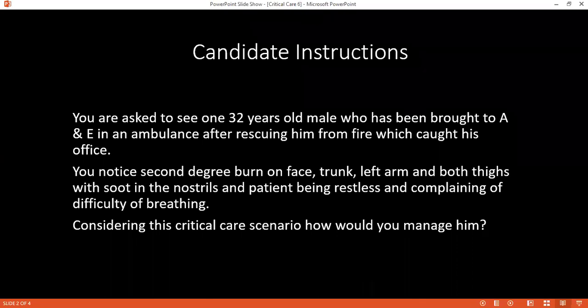Can you name certain complications which can result from untreated ARDS? Okay, the patient can have acute renal failure, respiratory failure, septicemia, and disseminated intravascular coagulation.